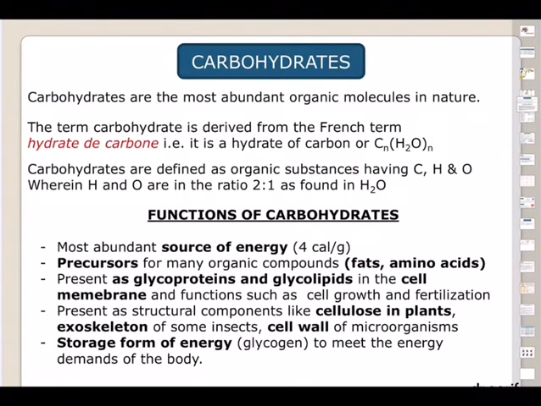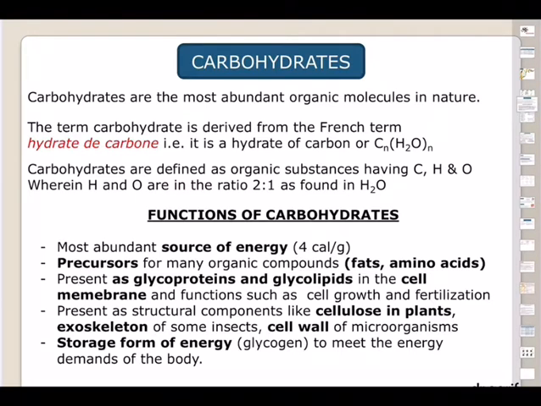Carbohydrates are the most abundant organic molecules in nature. They are produced during photosynthesis of autotrophic plants. They are combinations of carbon, hydrogen and oxygen, as I said.